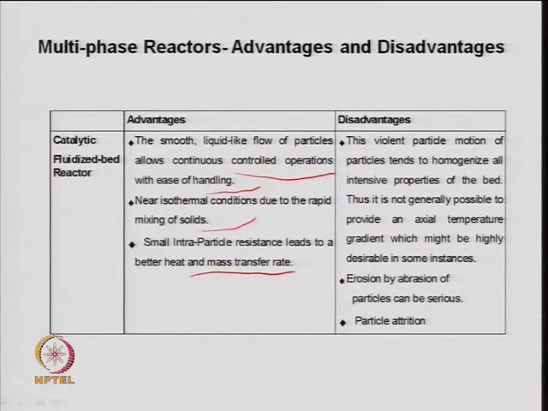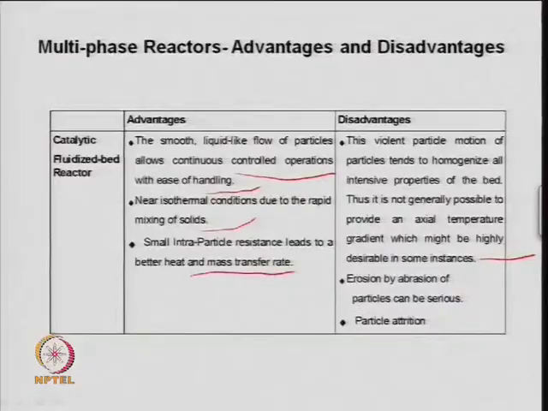Because of this, it is not generally possible to provide an axial temperature gradient, which might be highly desirable in some instances. So, in some cases where you need some kind of temperature gradient, it is difficult, although this is not a very big issue, because not in all cases is the temperature gradient desired. In most cases the gradient is not desired.